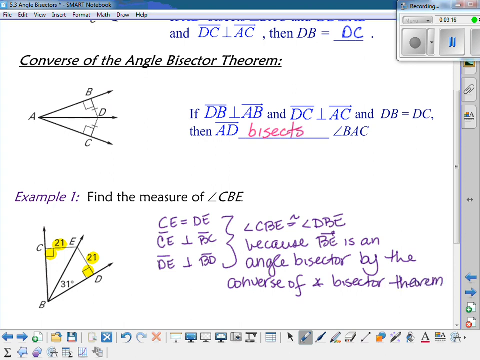And so if that's true, then I know the measure of angle CBE has to equal the other one, so it equals 31 degrees.